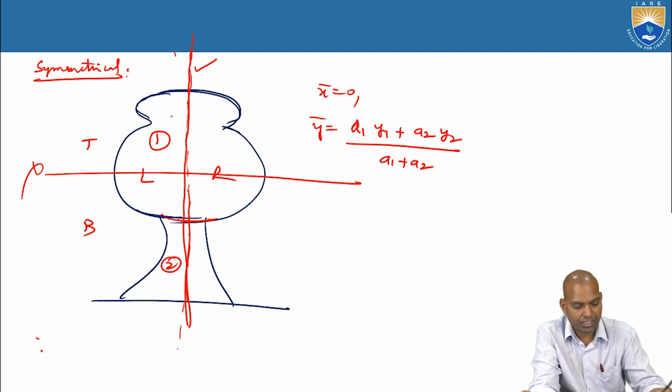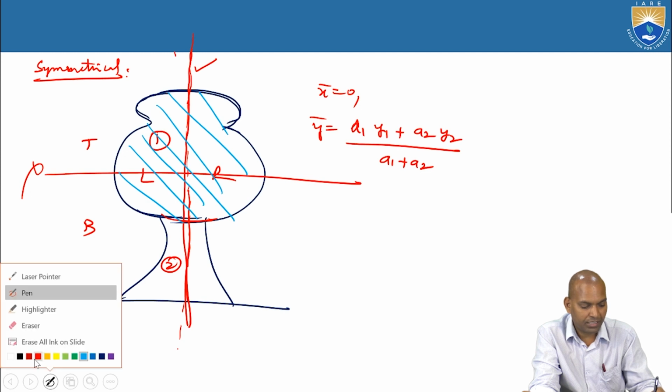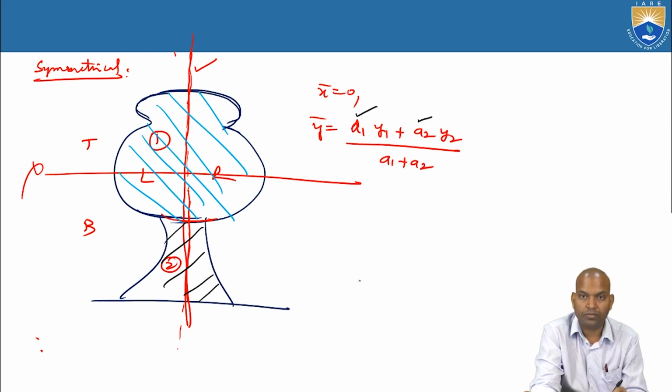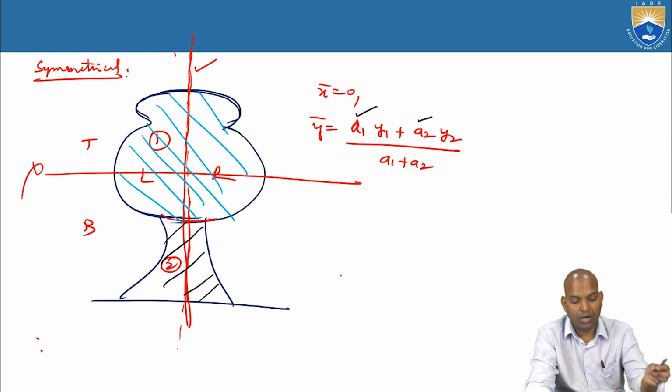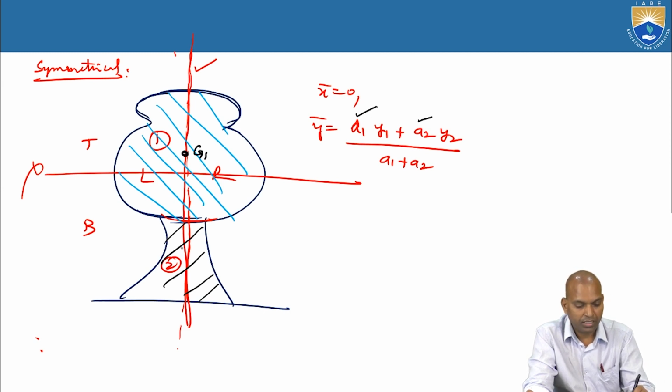This is the complete section 1, and here is the complete section 2. What about Y1? Y1 means we have to mark the individual centroid, that is G1, and somewhere else G2.